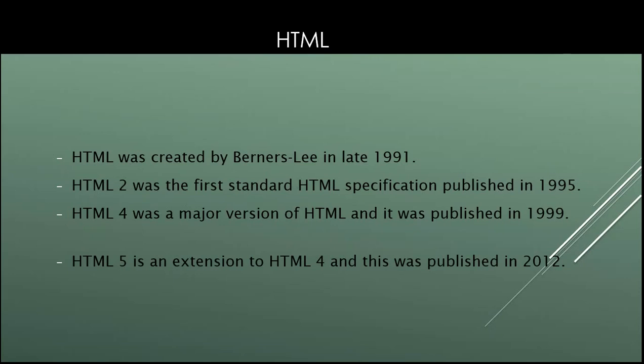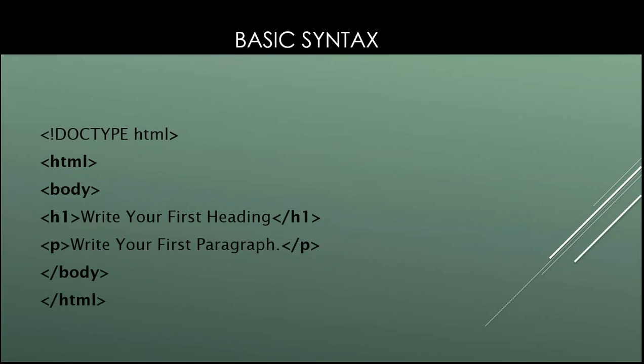First, let us see the basic syntax to write a simple HTML page. Every HTML document should start with the doctype declaration, and we mention the doctype as HTML. These are the important tags: html, body. The html tag defines the complete HTML document, and the body tag defines the visible content.